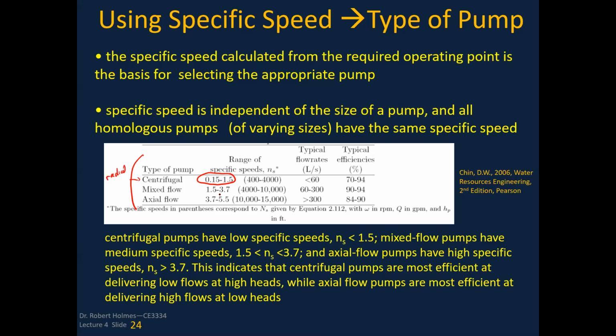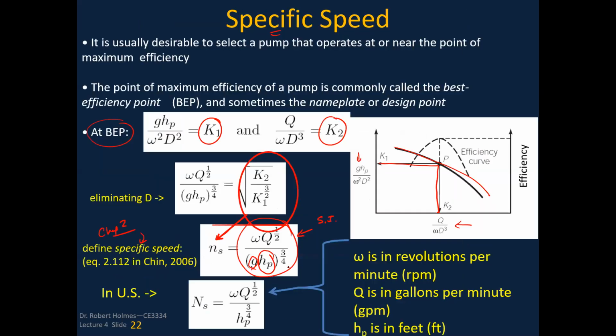If it's greater than that, I might be in the mixed flow range, or if it's well above that, it's going to be the axial flow. Again, that's using this equation here, which is equation 2.112 in the supplemental notes I gave you out of chapter 2 from Chin.